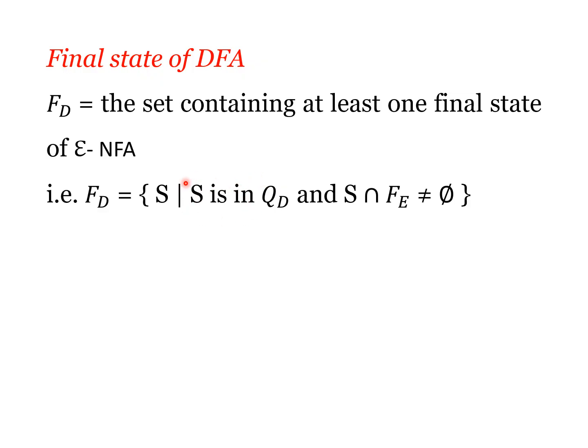Then that will be a final state only if it contains a final state of your epsilon NFA. Otherwise, it is not a final state. So simply, if a state in the DFA contains any one of the final states of the epsilon NFA, then it is also a final state of your DFA.